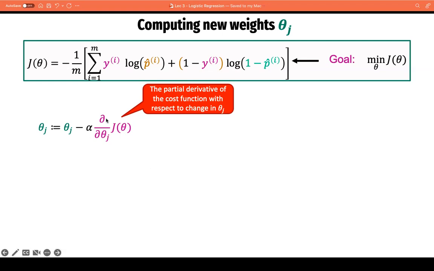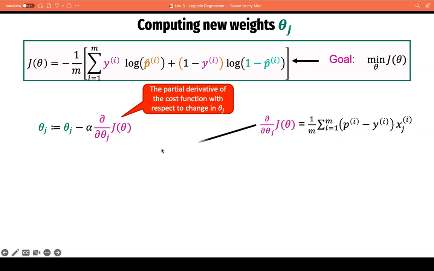This is how it evaluates to: the partial derivative of this cost function is equivalent to the difference of the estimated probabilities minus the true classification, which is either 0 or 1, multiplied by the value at the j feature, summing this all up and taking the average.